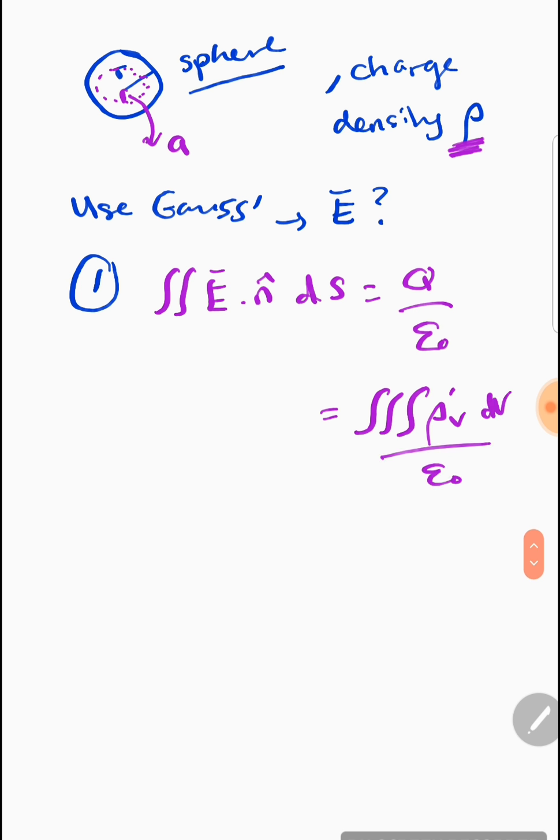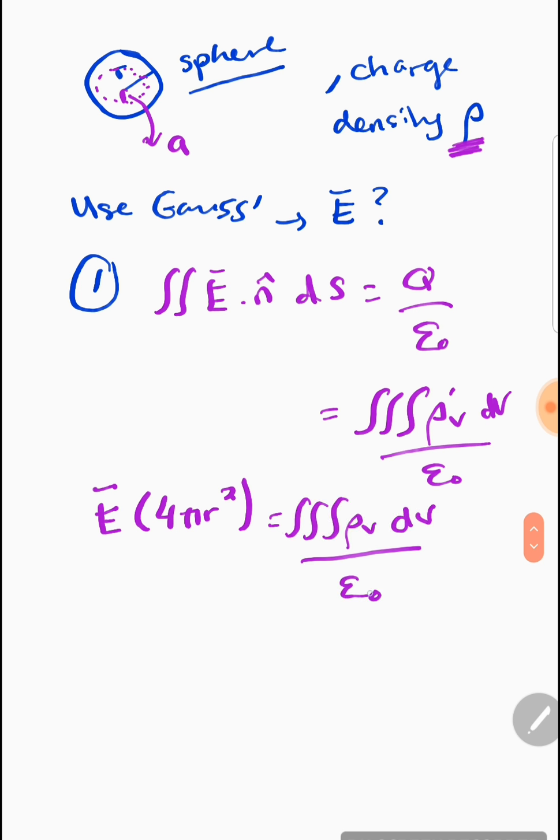Since the electric field is uniform, I can just write it as such, and I have 4 pi r squared as the surface area, and then rho v dv over epsilon naught. And rho v will just be a constant, because it has nothing to do with my integration of dv.